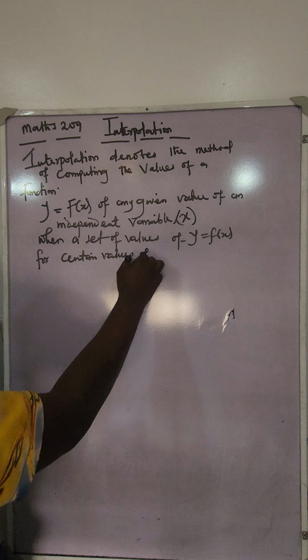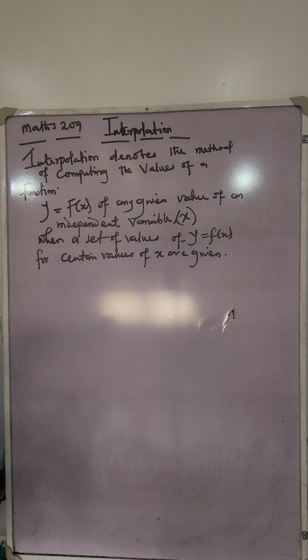So basically all this grammar we just wrote here is to tell us that interpolation denotes the method of computing values of a function.